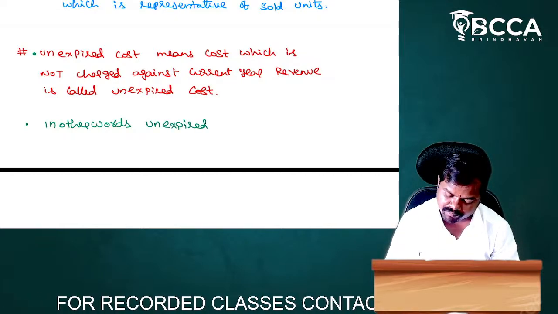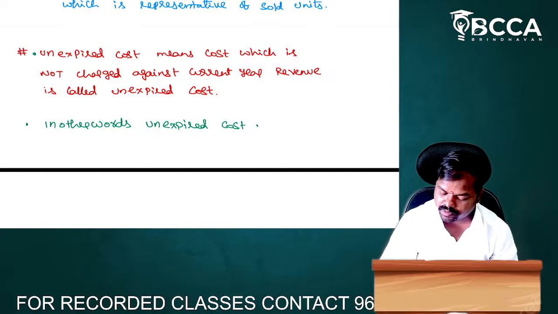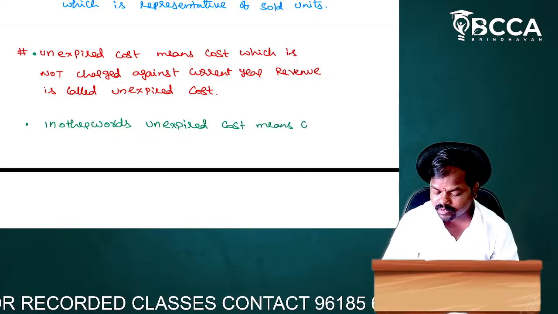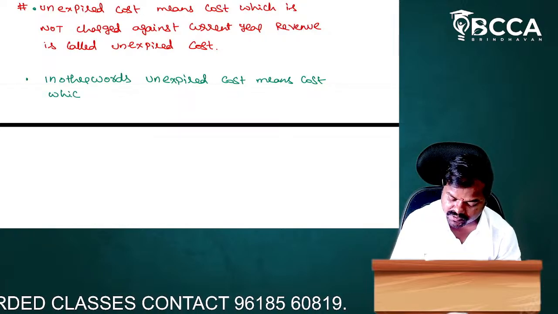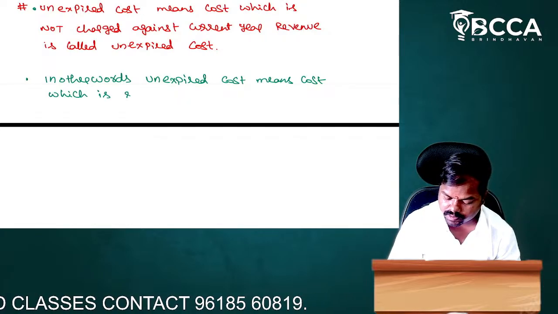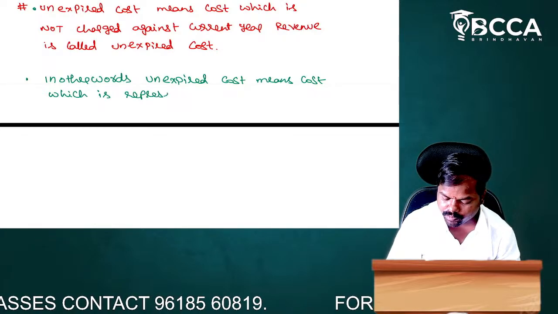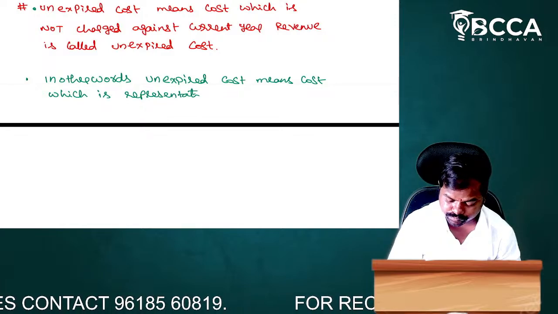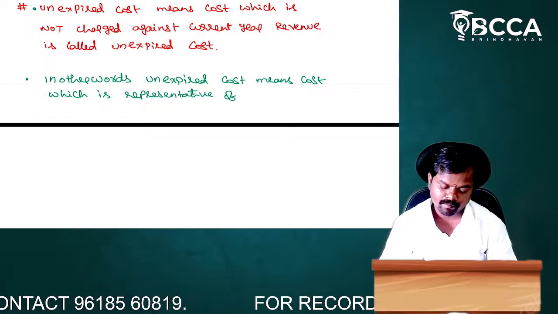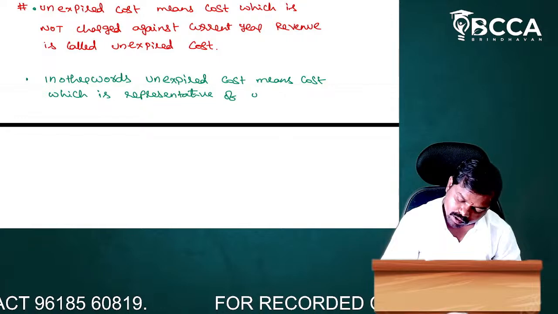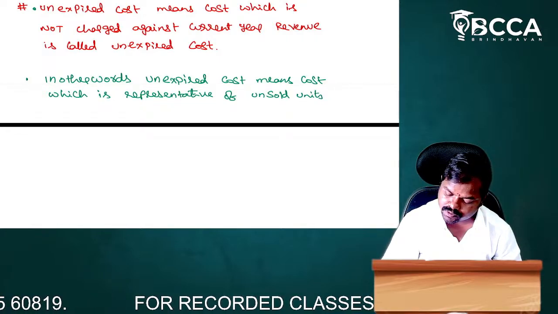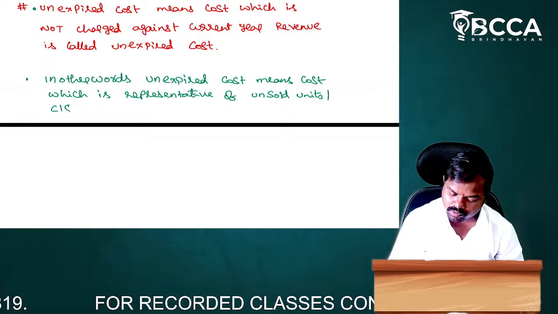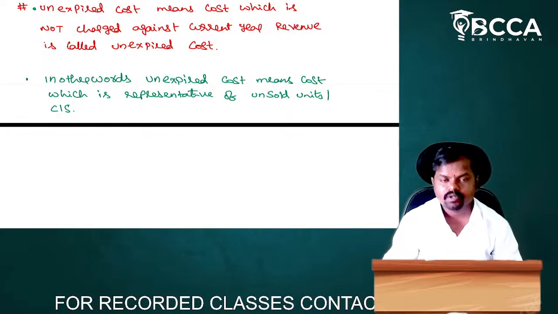Next, in other words, unexpired cost means cost which is representative of unsold units for our closing stock.